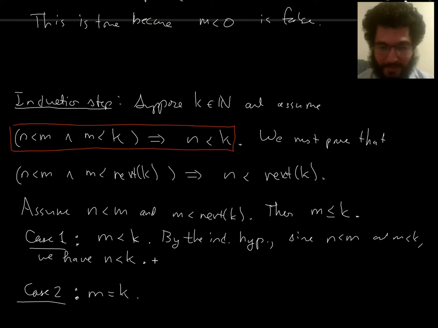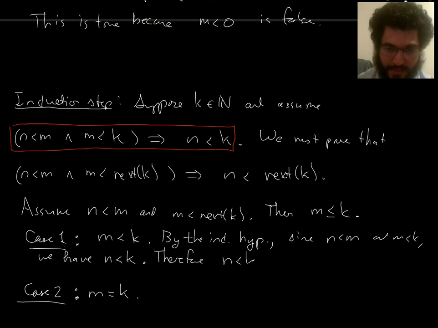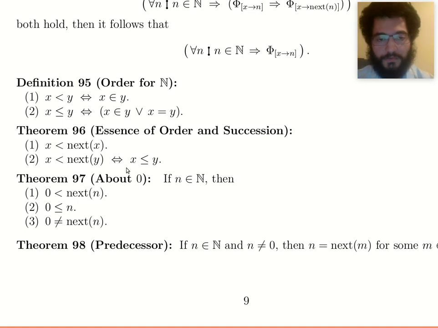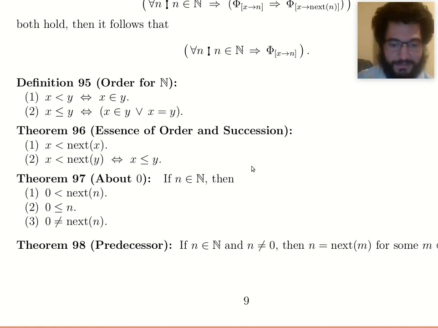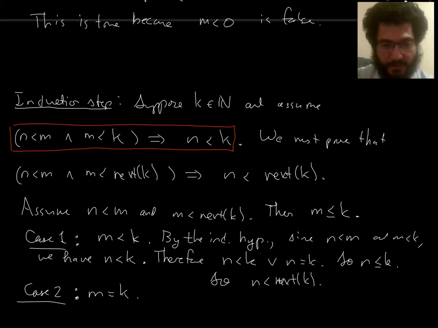So this is what inspires the next step. Therefore, since we have n is less than k or n is equal to k, right? So n is less than or equal to k, so n is less than next k. Using, for the 1,000,001st time, this property. So that's it for case 1. We got what we wanted.